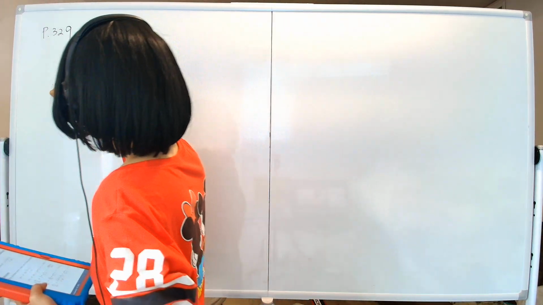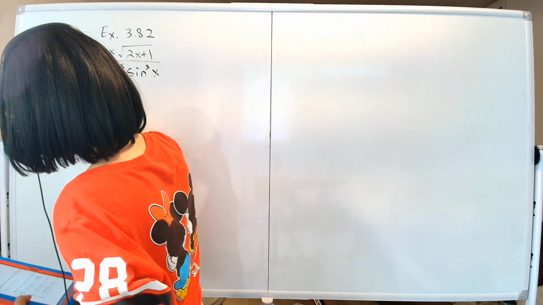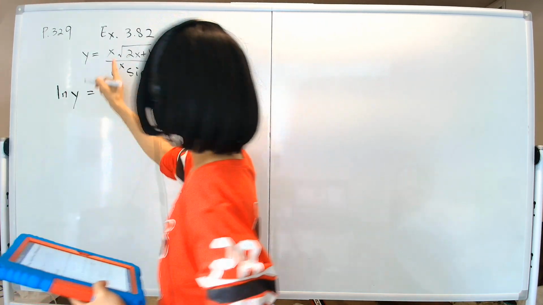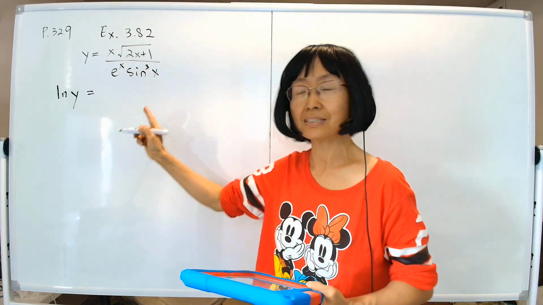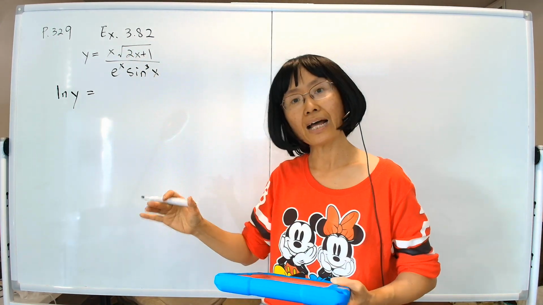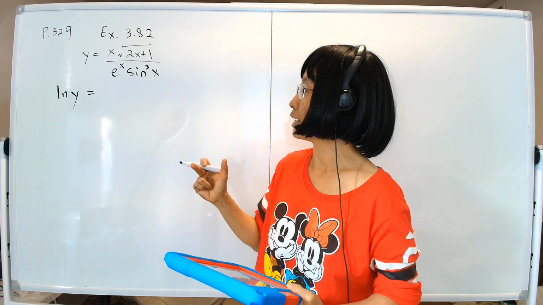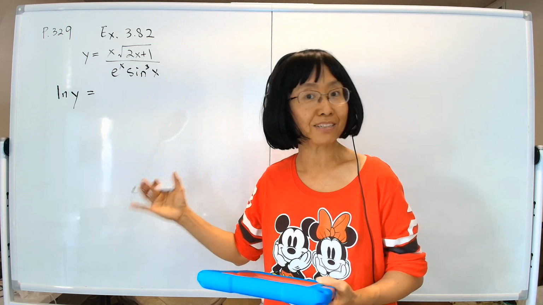So let's do that. We'll take the natural log of both sides, and that equals the natural log of products and quotients. The natural log of multiplication and division translated into addition and subtraction.